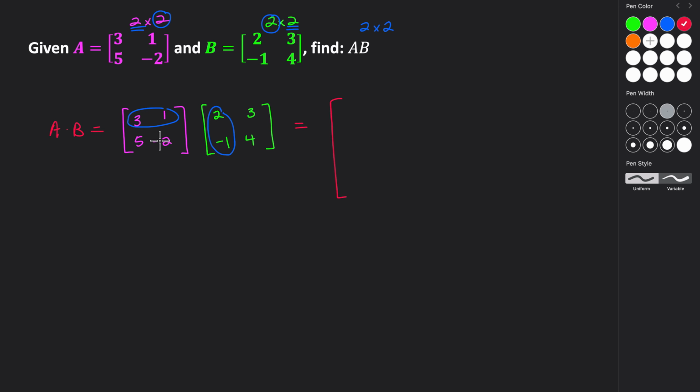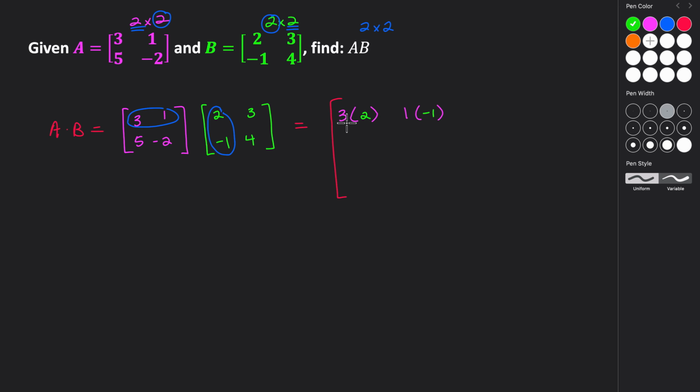The way that we do this multiplication is we multiply the corresponding elements in each of our matrices. The first element in this row multiplies the first element in this column, so it's going to be 3 times 2. Then the second element in this row multiplies the second element in this column, so we do 1 times negative 1.